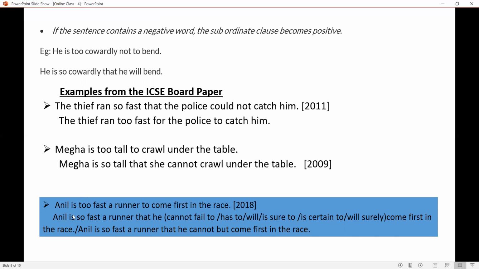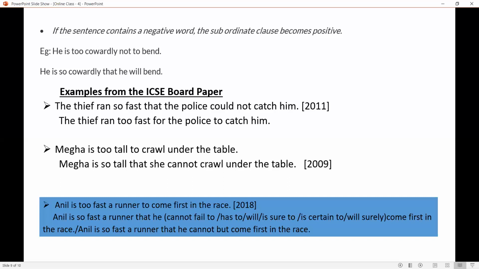Now, look at the next example. This is a bit tricky question which came in 2018. Anil is too fast a runner to come first in the race. Here, what does it mean? Anil is a very fast runner and you predict that he is going to win the race. Or there's a high probability that he will win the race.